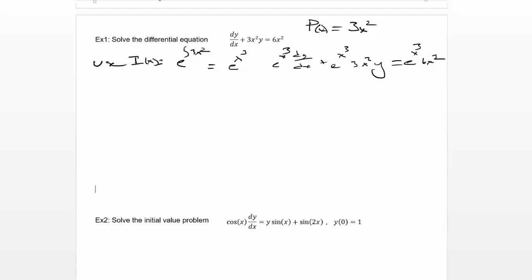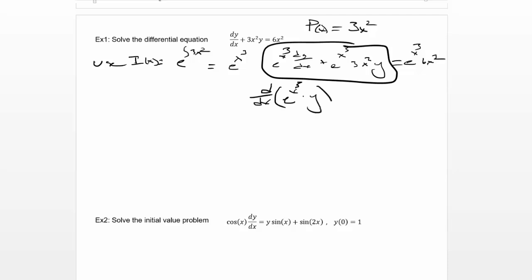The reason we chose this method is that we can recognize that the left-hand side is better known as the derivative of this integrating factor times y.